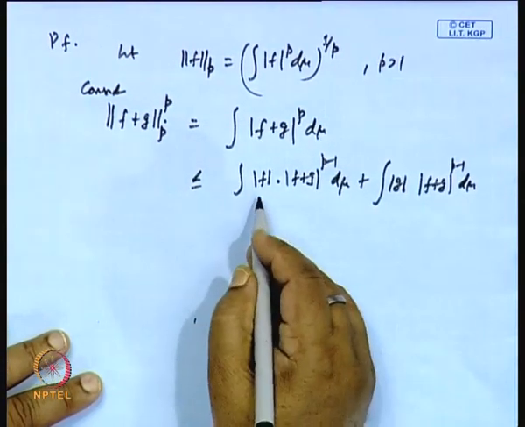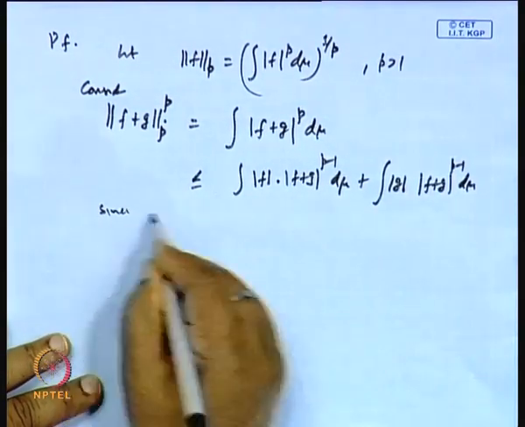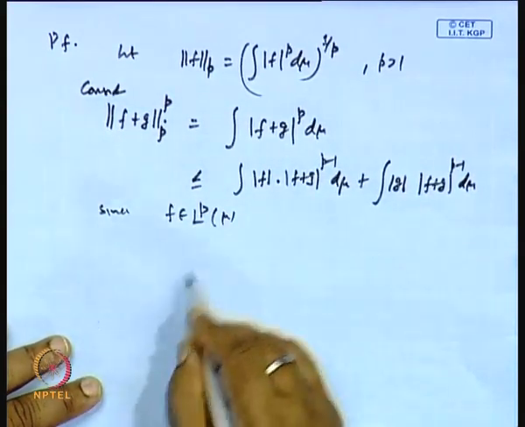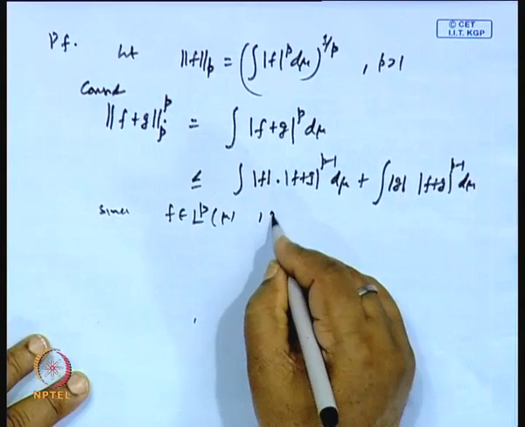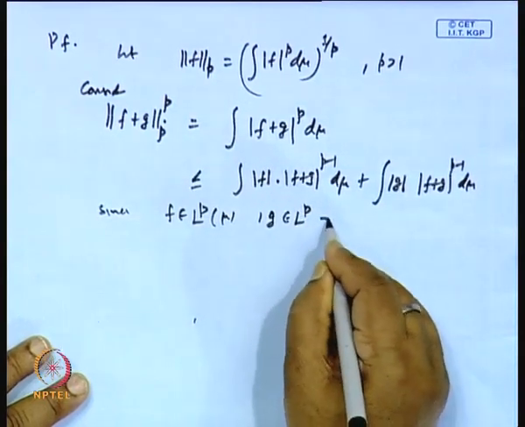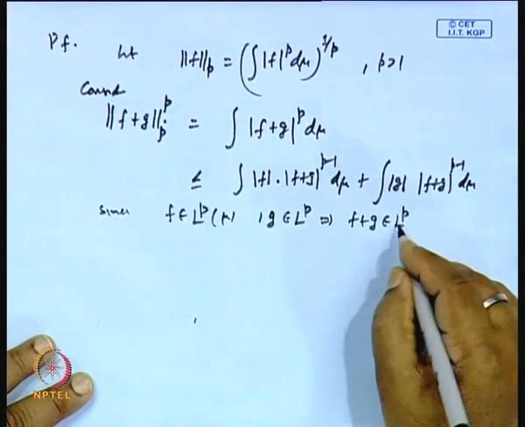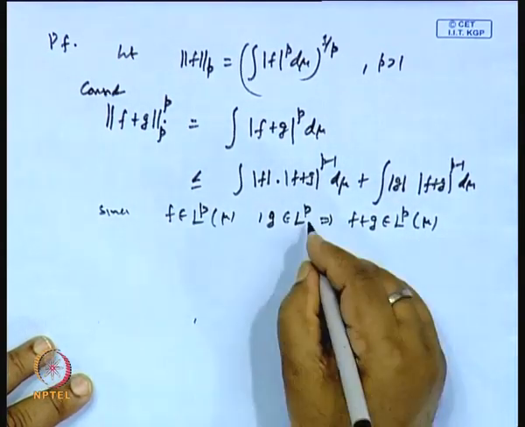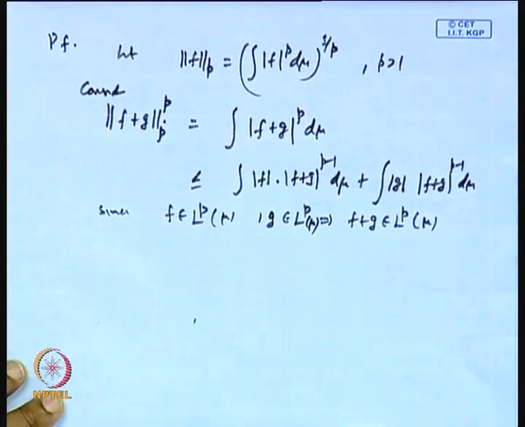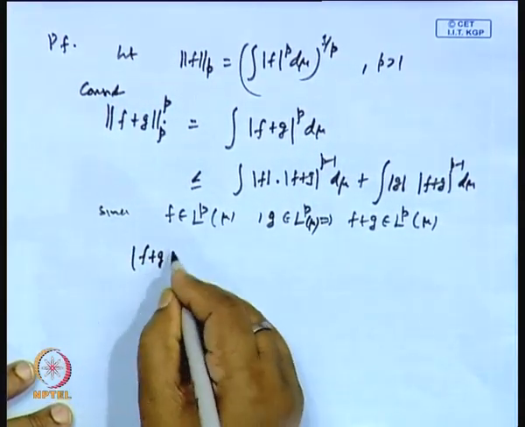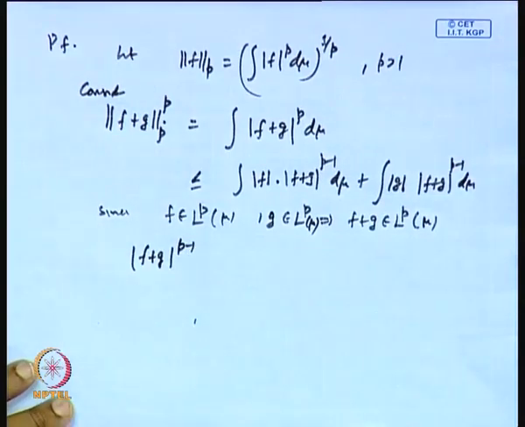Now, f is in L p space, g is in L p space. So, f plus g is in L p space because it is a linear space. Okay. But what about mod of f plus g power p minus 1?